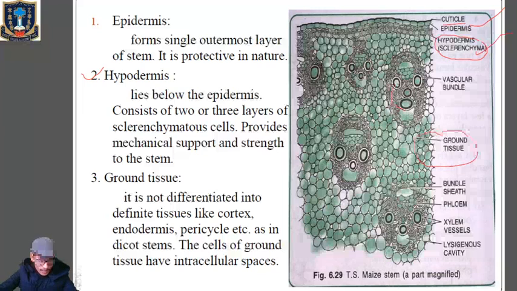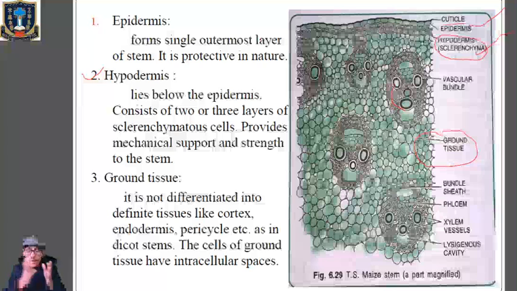Now, unlike in the dicot stem, in the monocot stem this ground tissue is not differentiated into definite tissues like cortex, endodermis, and pericycle. These can be seen in the dicot stem, but here in the monocot stem, the ground tissue is not differentiated to form the cortex, the pericycle, and the endodermis.